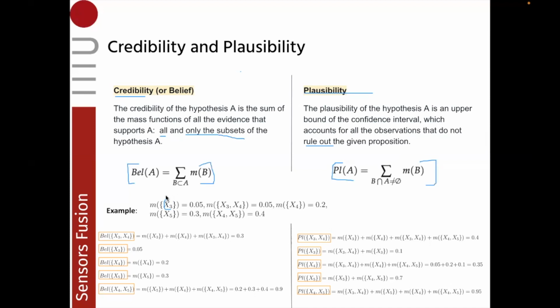I provide here a really straightforward example to understand how we can build the belief and the plausibility function given the mass function. So let's go back to the example.